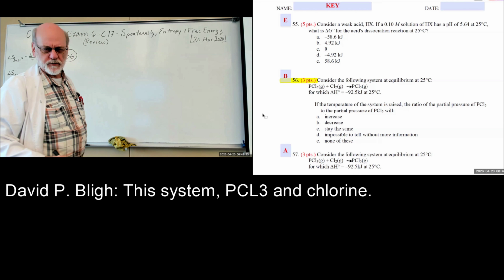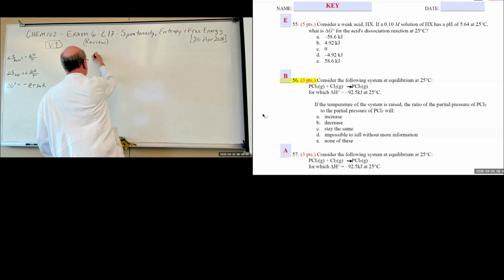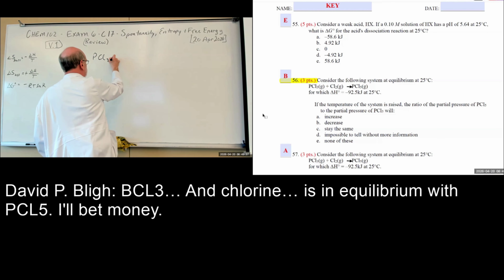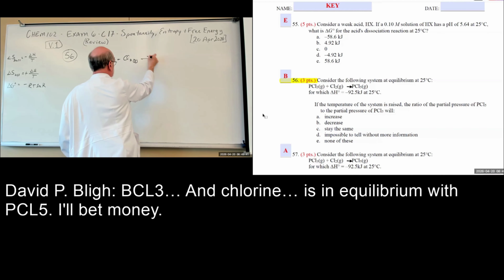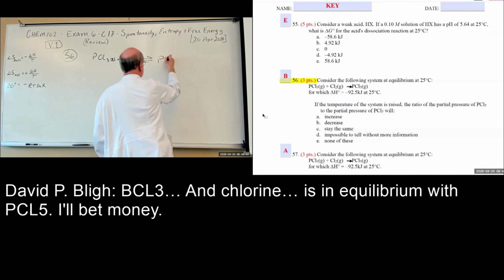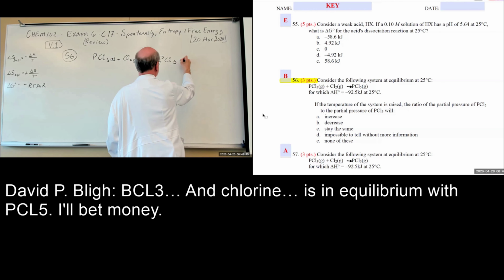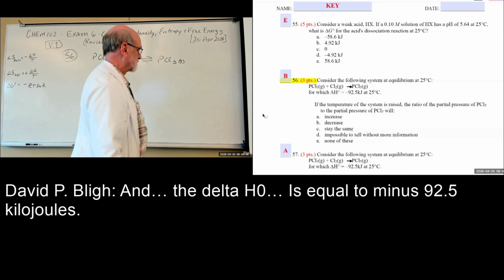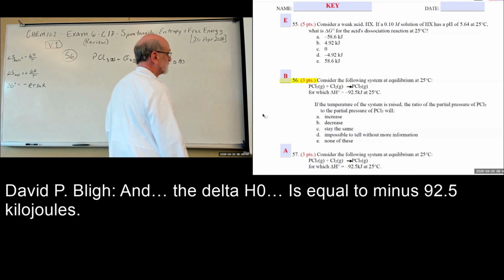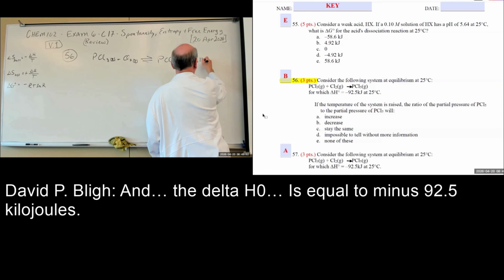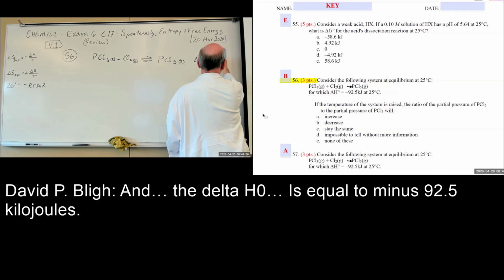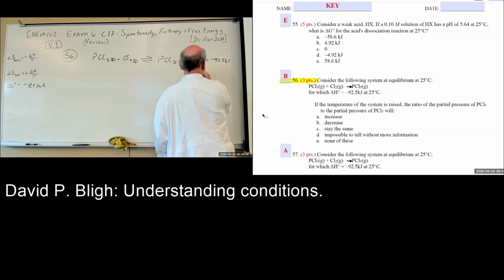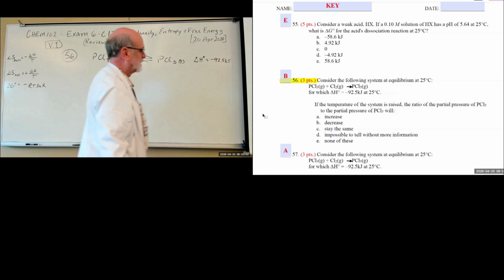This system, PCl3 and chlorine, is in equilibrium with PCl5, and the delta H0 is equal to minus 92.5 kilojoules under standard conditions.